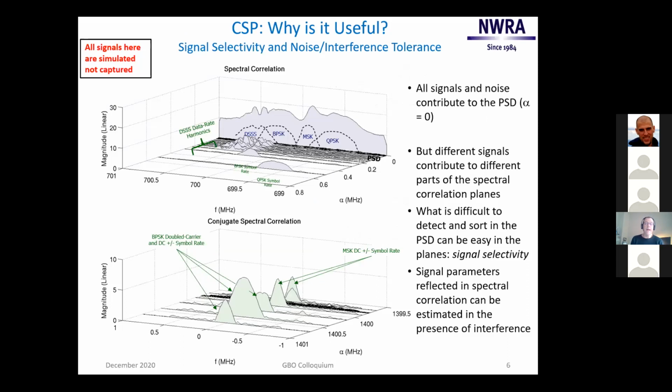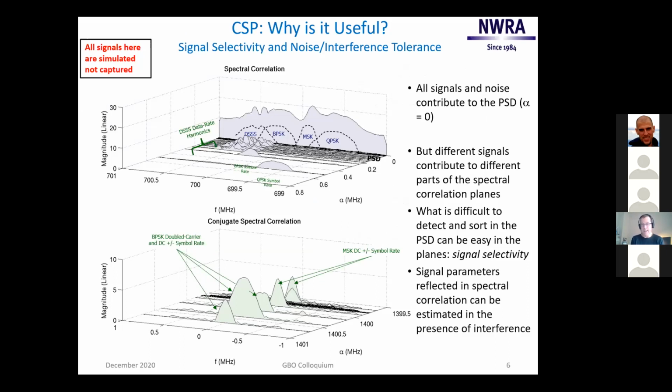Okay, so let's ask and answer a few questions to orient ourselves on CSP. Why do we care? Why is this useful? It's useful because of signal selectivity, which is a kind of tolerance to noise and interference. Here's an example of those two surfaces I talked about, the non-conjugate and the conjugate spectral correlation functions, for a synthetic scene I created that mixes a direct sequence spread spectrum signal, a BPSK and some other signals.